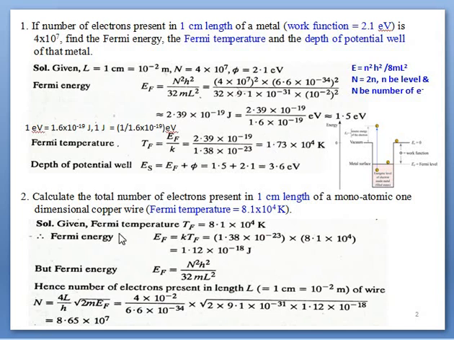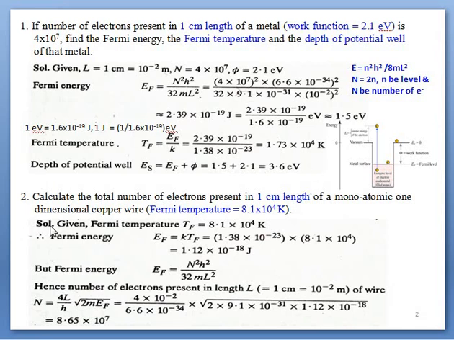And we have discussed already the depth of potential well, EF plus phi. Phi means work function. So after adding these two values, we have the depth of potential well.